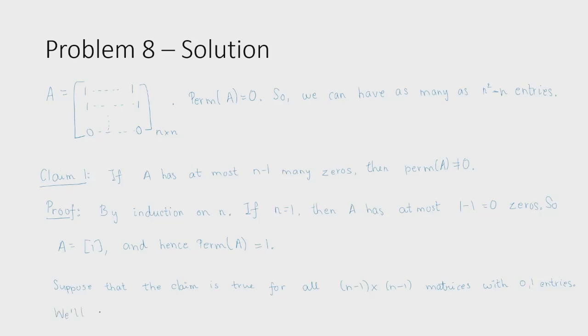We'll show that there exists a permutation sigma such that A1 sigma 1 up to An sigma n is non-zero. And this would prove the claim.